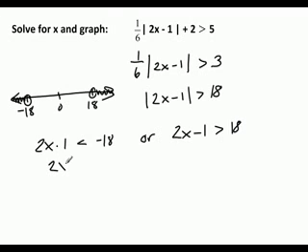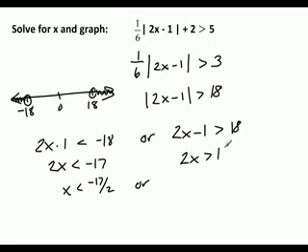So I'm going to solve each one individually. Add 1 and get negative 17. Divide by 2 and get negative 17 halves. Or add 1 to this side and get 19. Divide by 2 and get 19 halves.